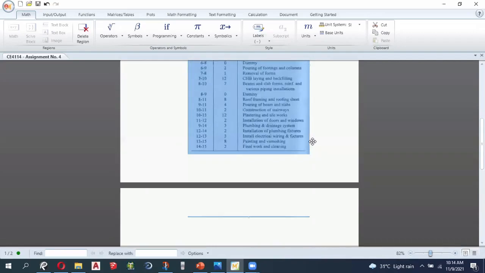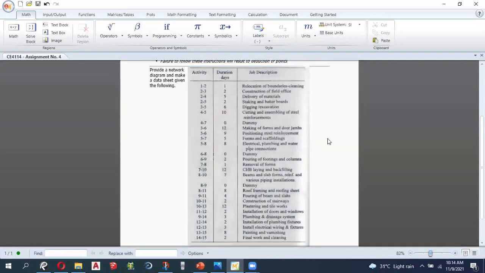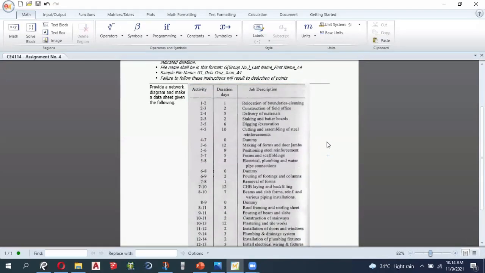Sir, can I clarify regarding the rules in making the precedence diagram? The rule said we start from left to right and then from top to bottom, and the top to bottom should be consistent. But in the assignment, sir, it's kind of weird because the top to bottom is not consistent.